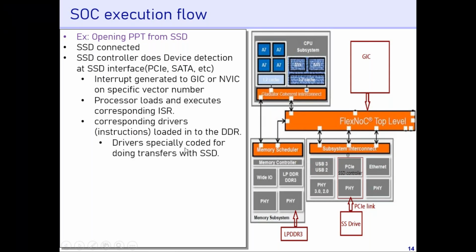These are drivers specifically coded for doing transfers with the SSD. Now that it knows that the SSD has been connected, it will load the corresponding drivers and start executing those instructions as per the drivers.